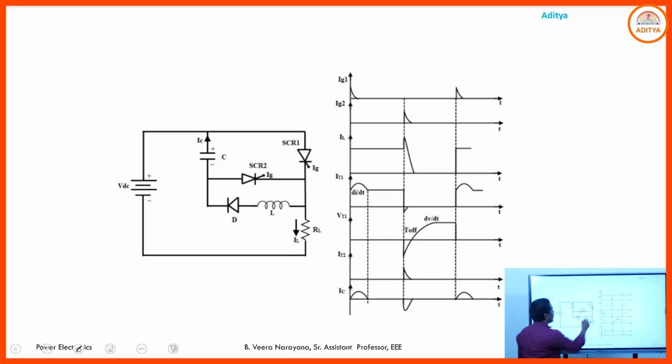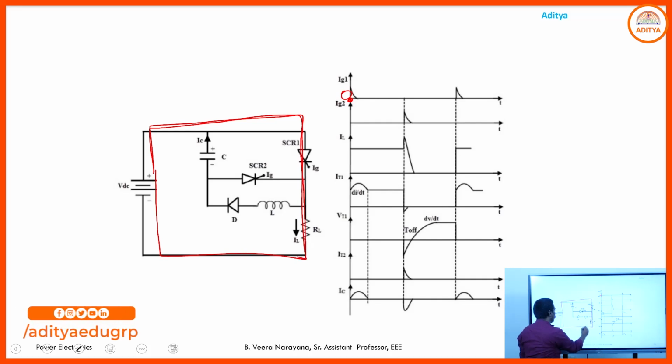And at time t equal to 0, at this instant we provide the gate pulse to the first thyristor or main thyristor, then the current flow through the circuit is VDC plus, SCR1, load resistance and VDC minus.